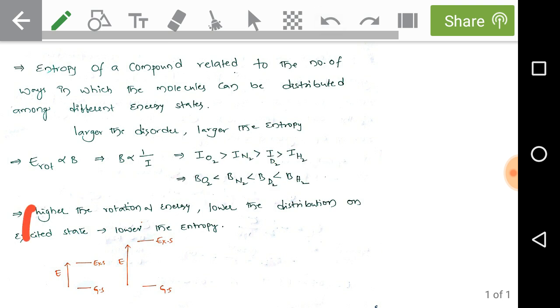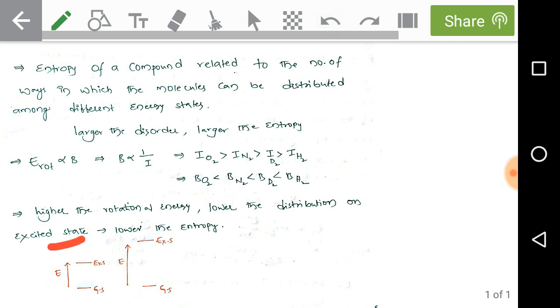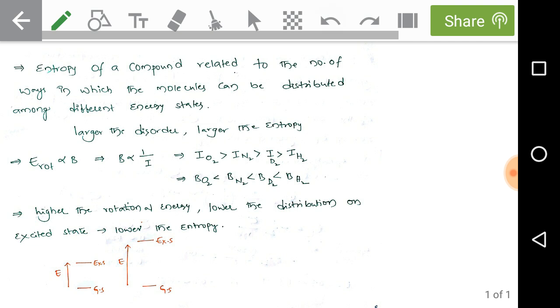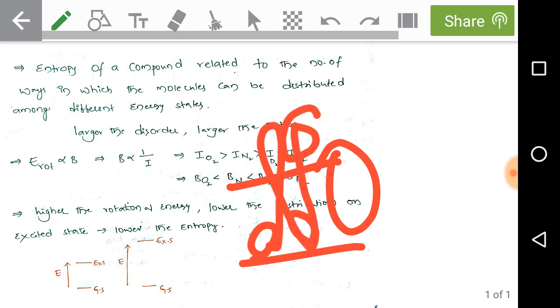Now the higher the rotational energy, the lower the distribution on excited states, and that leads to lower entropy. You can observe that. So this is the ground state. Whenever the energy difference is small, what happens? The ground state and the excited state will be near to each other. In that case, the states can move easily onto the excited state and back onto the ground state.